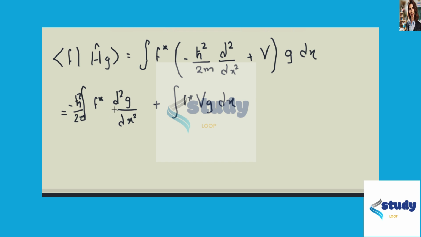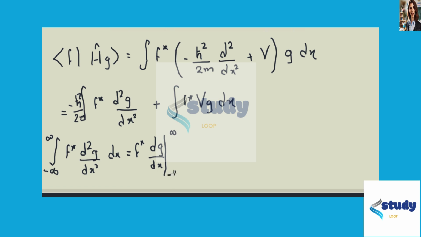The integral from minus infinity to plus infinity of f star d2g by dx squared, using integration by parts, becomes f star dg by dx evaluated from minus infinity to infinity, minus the integral from minus infinity to infinity of df star by dx dg by dx dx.